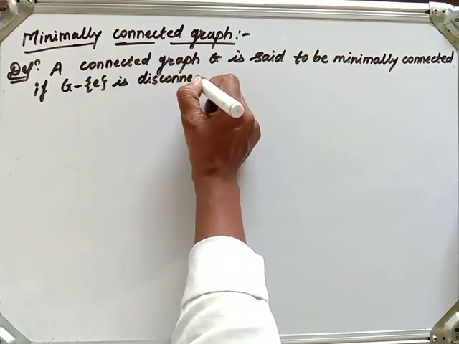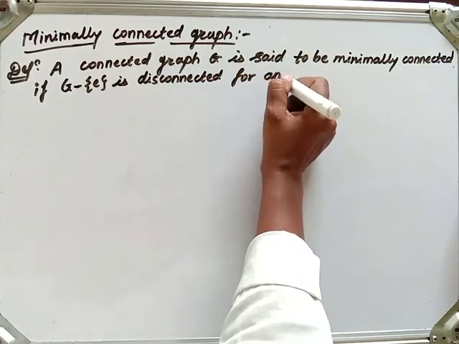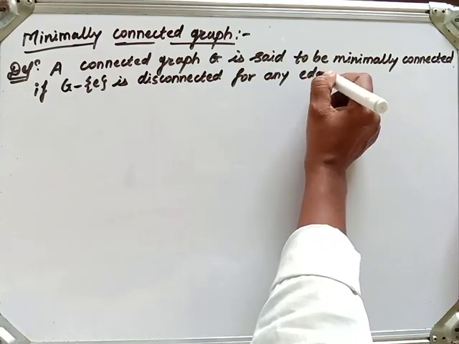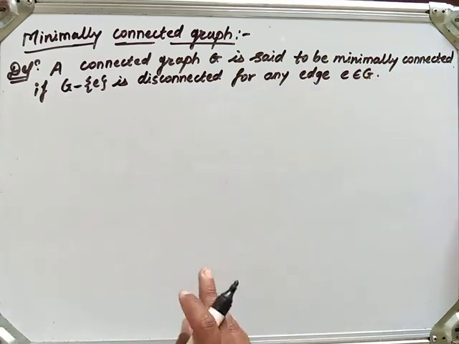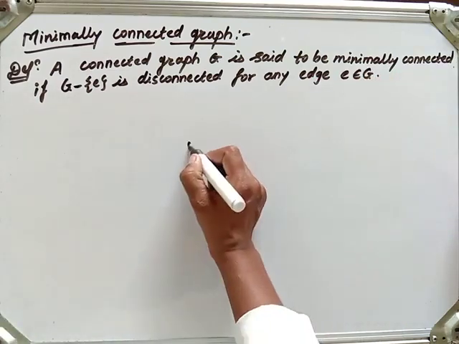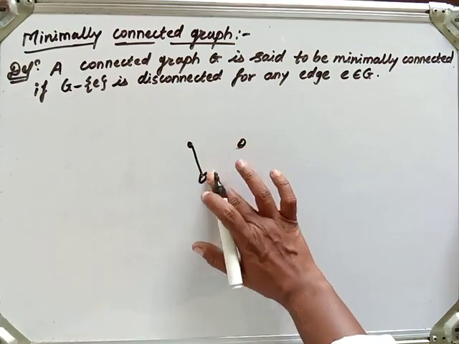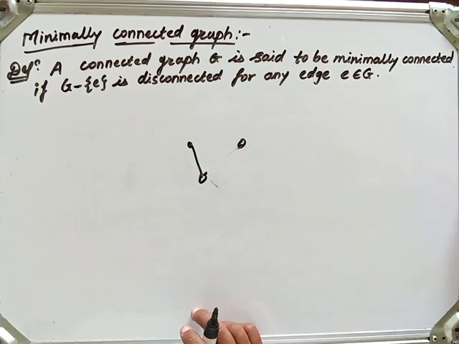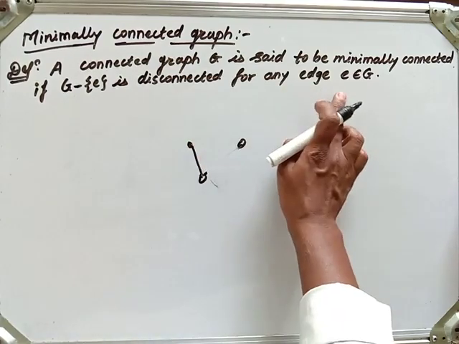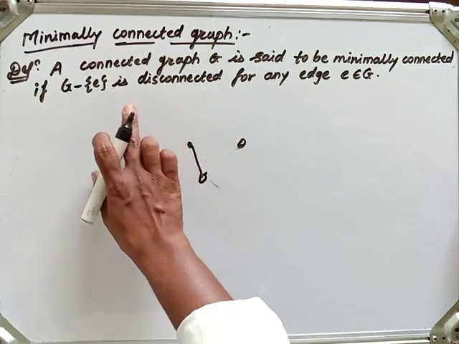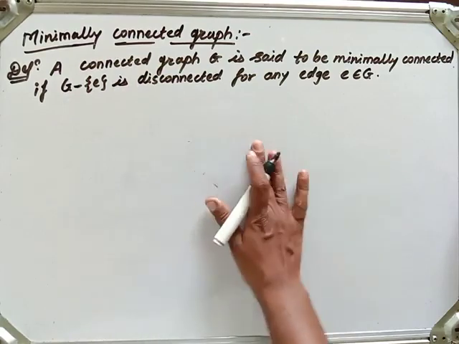G minus {e} is what? Disconnected for any edge e in G. As I have shown by taking an example of a tree, if we eliminate this edge, then that will become a disconnected graph. Minimally connected means if we remove a single edge from it, it will become disconnected.